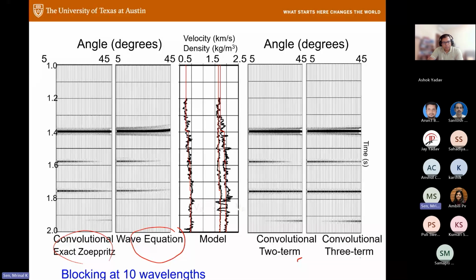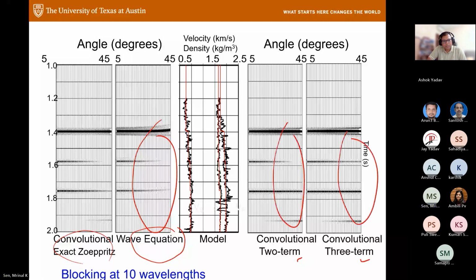If you compare those very carefully, you see that for near angles there is actually not a lot of difference, because these are all pretty blocky layers and the contrast is not that high. So we have ignored the internal multiples. But if you go to high angles, you can see there are a lot of differences. So this shows you very clearly that if you want to include high angles, you cannot really use convolution models.